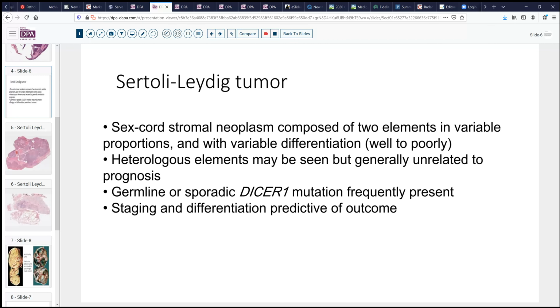Because usually these are tumors that present earlier in life, particularly if they are associated with hormonal manifestations, which are most typically, as might be expected from the Leydig cell component, androgenic, meaning that they will produce hirsutism, ambiguous genitalia. They may produce amenorrhea or menstrual difficulties as the primary presentation symptoms.